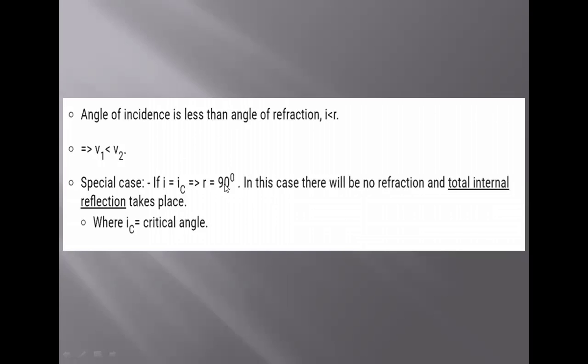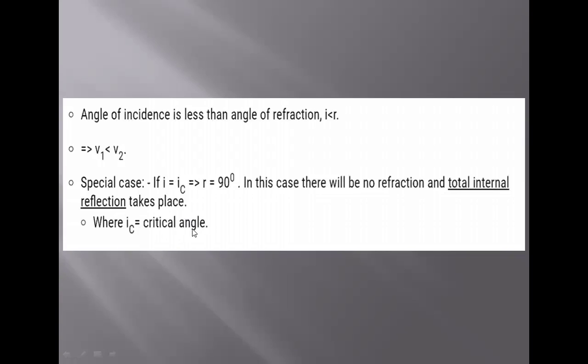Instead, if the incident angle is more than the critical angle, total internal reflection will happen over there instead of refraction. So in this condition, the angle of incidence is greater than the critical angle, can you see this? This is 90 degrees. There, instead of refraction, total internal reflection will happen.